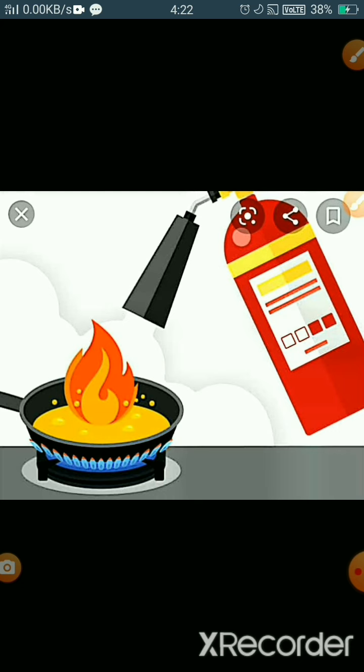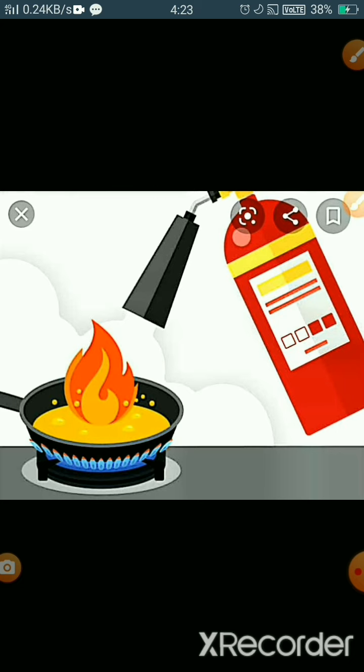It therefore covers the fire like a blanket. This results in cutting off the contact between the combustible substance and the oxygen, and the fire gets extinguished. So the second method is using carbon dioxide to control the fire.